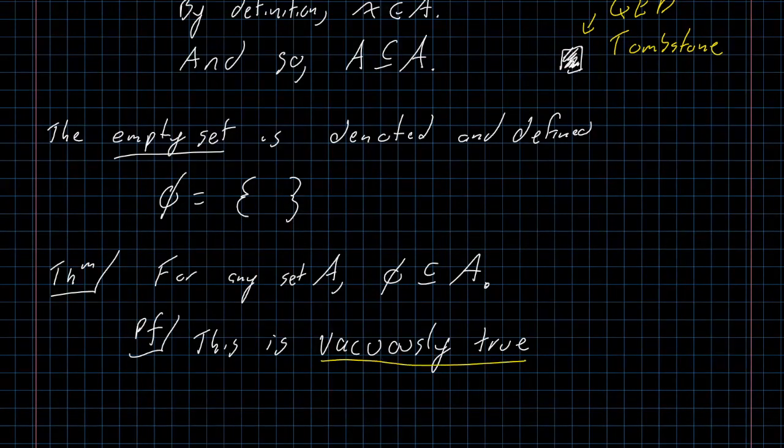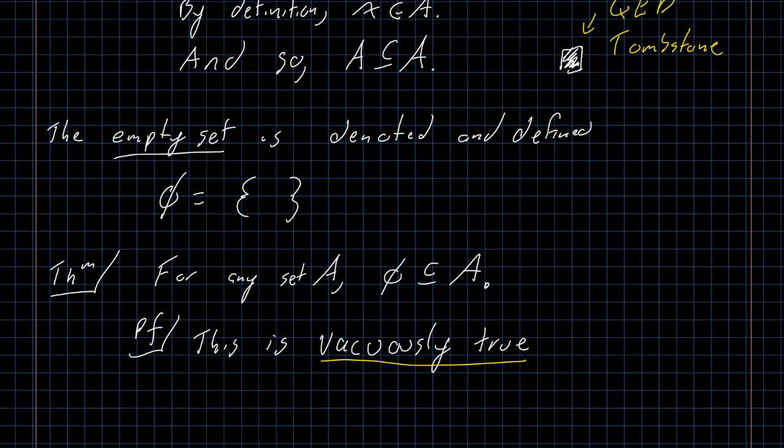And the general idea that we are using here is something known as a vacuously true statement. A vacuously true statement is a statement that is true because there's nothing that we're actually talking about, right?